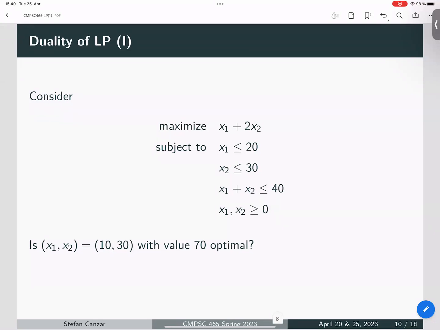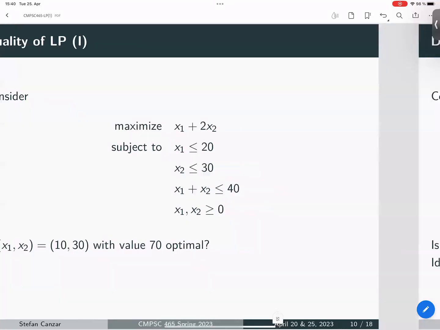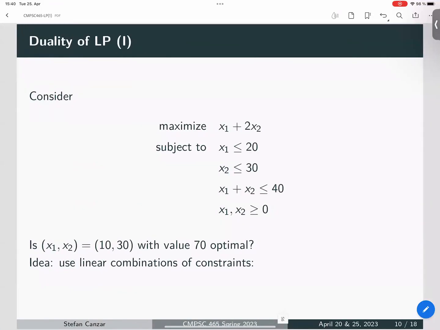So for this, the idea is to use a linear combination of your constraints to derive a new valid inequality for this set of solutions. In this particular example, consider taking the first inequality, this one here, and add 2 times the second inequality to it. Okay? So what do you get when you add the first one to 2 times the second one?